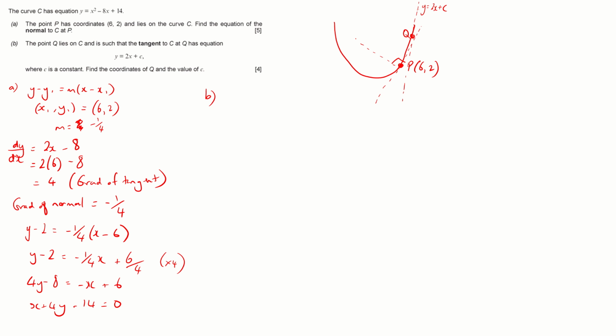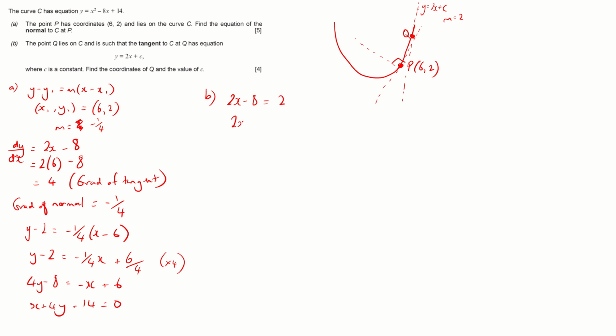So what's happening here? We have a tangent at this point, and the gradient of that tangent is 2, because it's y equals mx plus c. That's a really important fact. So if I want to put the expression for the gradient, don't forget that was 2x minus 8 earlier, equal to that, I'm saying that the gradient equals 2 at this specific point.